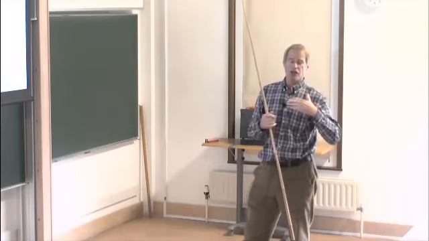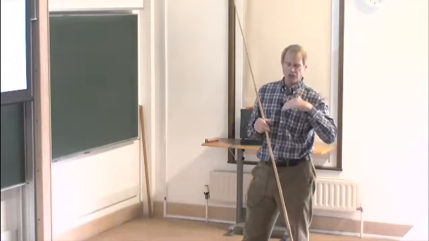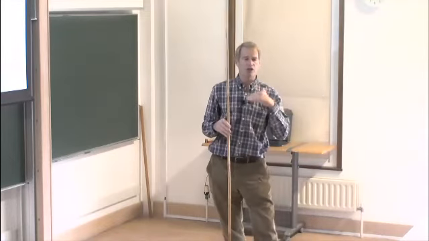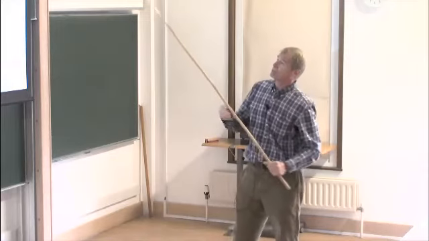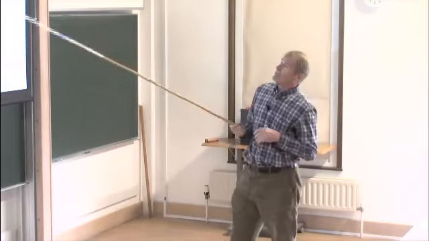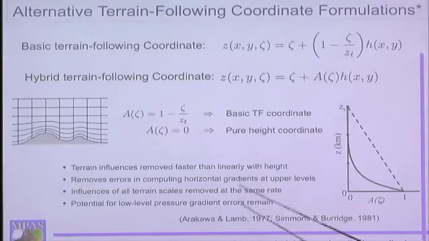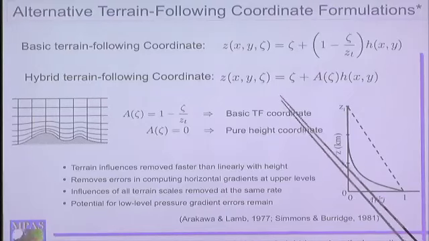And so you can see then that the influence of the terrain on the coordinate surfaces is present throughout the entire domain.